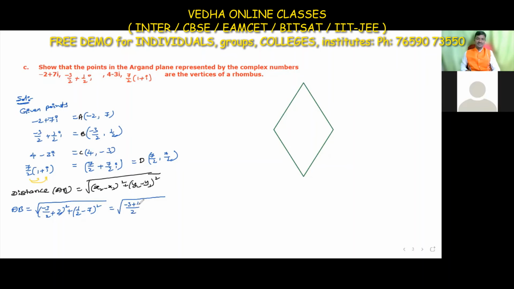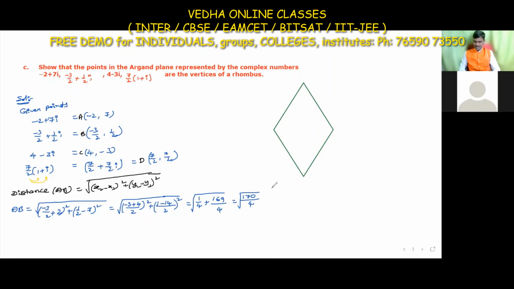Here -3 plus 4 gives 1, so 1 by 2 whole square is 1 by 4. 1 minus 14 is minus 13, and minus 13 whole square is 169, divided by 2 square, 4. LCM is 4, so add the numerators 1 and 169, that is 170.